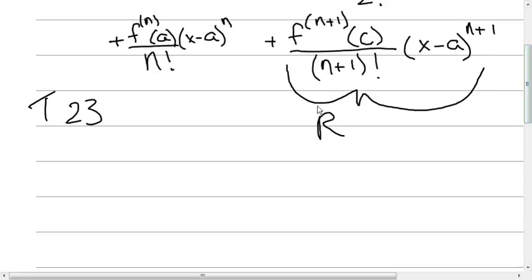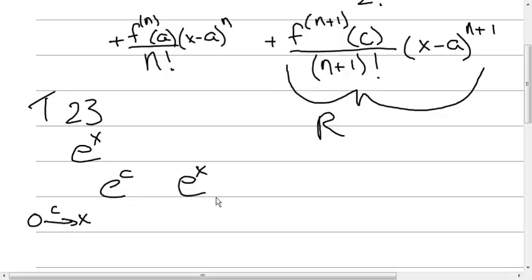Well, before we had an example where we were looking at estimating e to the x, and this (n+1)th derivative would simply be e to the c. And if we had an example where it was a Maclaurin series, we were centered at 0, and here is our x above 0, we would know c was somewhere in here, and we could say that an upper bound would be e to the x.